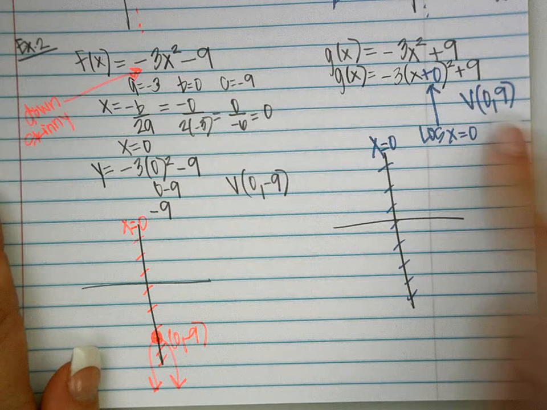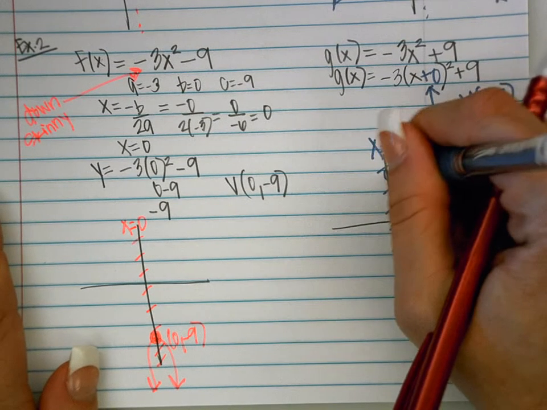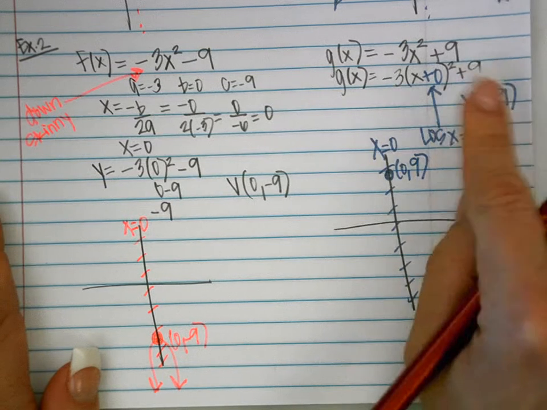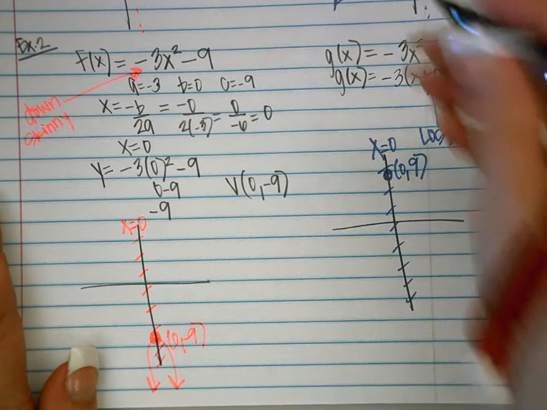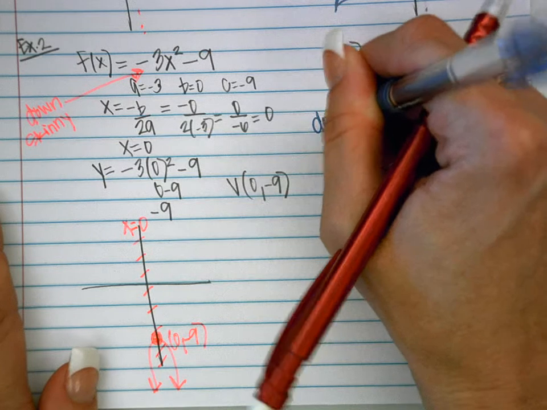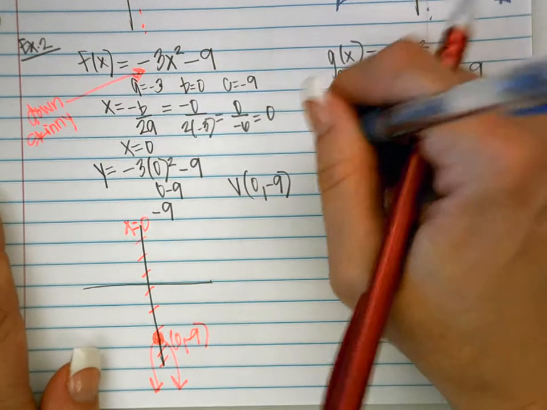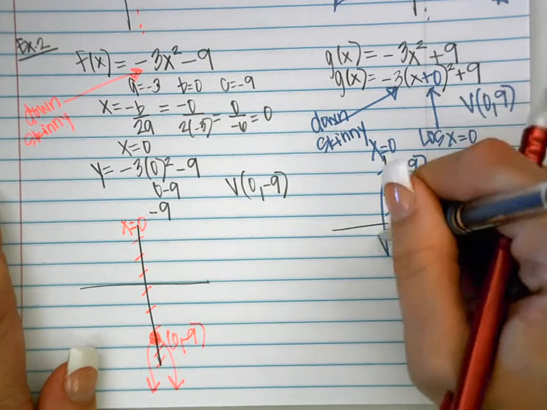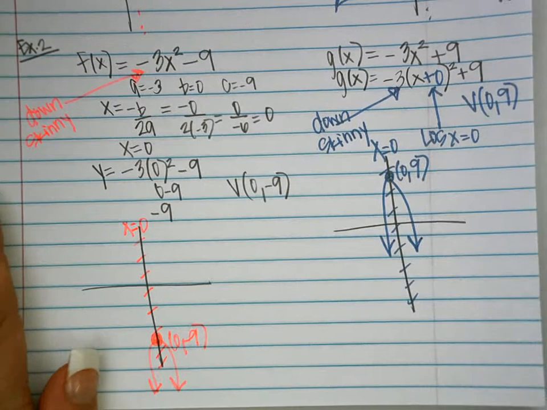Vertex is at 0, 9, and that's up 9. Is this probably going to be opening up or down? This is opening down. And is it fat, skinny, or normal? It's skinny. So opening down and skinny.